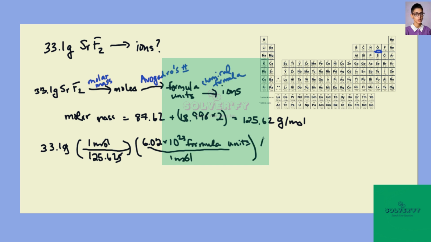And finally, for every 1 formula unit, we need to know the number of ions. And strontium fluoride is made up of strontium, 2+, and 2 fluorine ions. So there are a total of 3 ions.